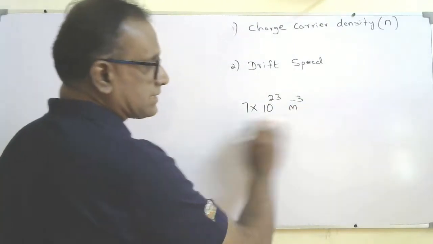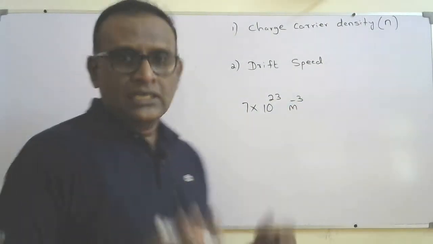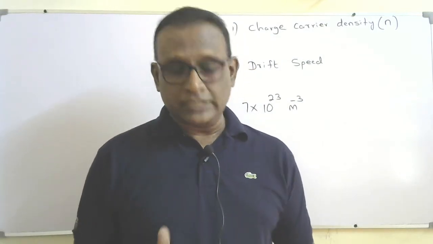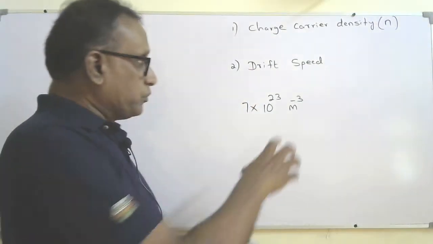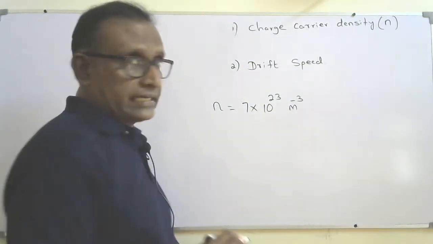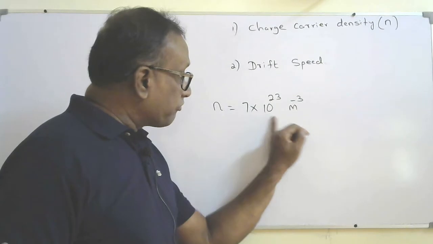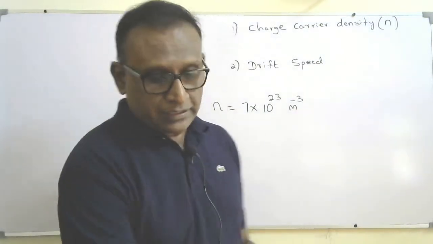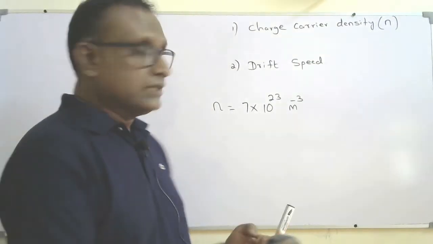Anyway, I just gave an example. I didn't say the name of a semiconductor. So semiconductors have less number of delocalized electrons. We'll come to that point later. But the unit should be per meter cube. Number of free electrons per meter cube.